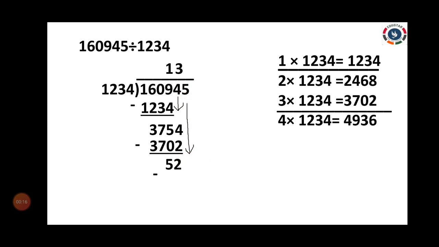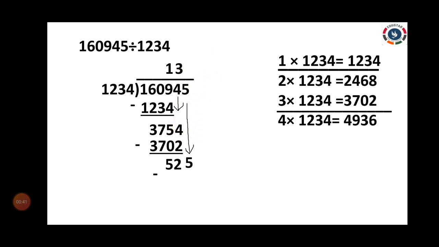So 52 and 5 makes 525. How many times is 1,234 there in 525? 525 is much smaller than the divisor, so no times are there. Here, no times means you imagine that it is 0.